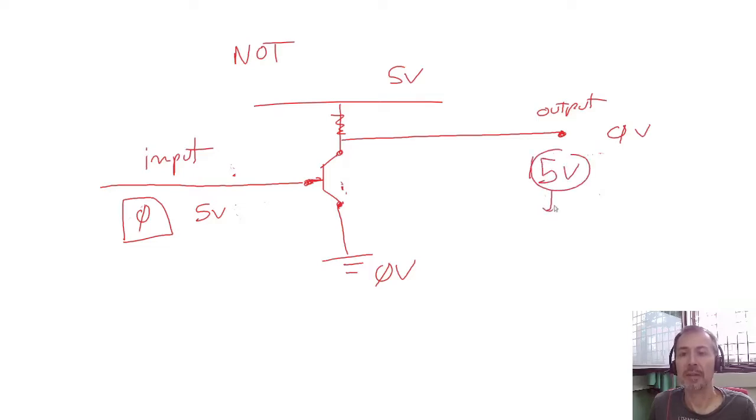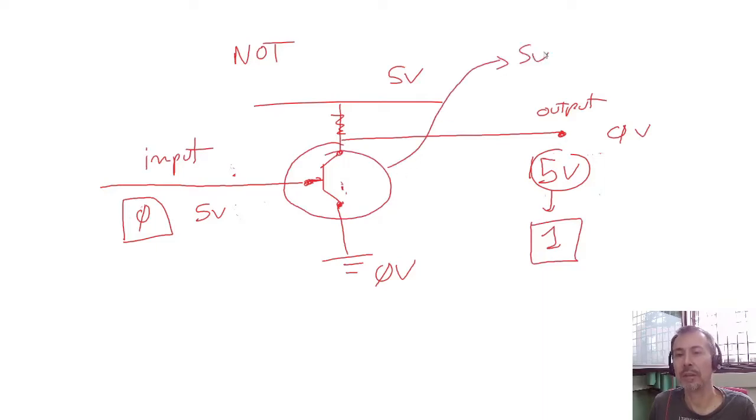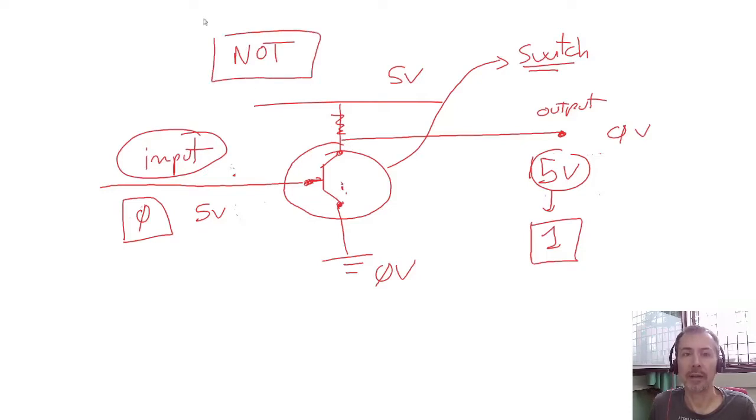So this is equivalent to a 1, and we are inverting the signal. So with this trick, with this switch that is electrically activated with the input, we are performing a Boolean operator, a NOT operation.